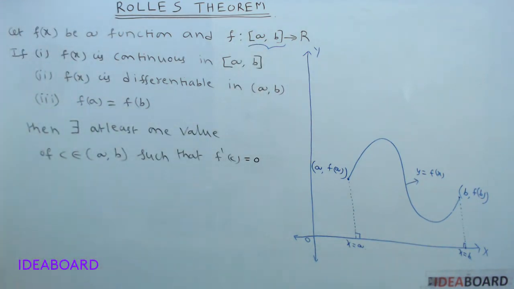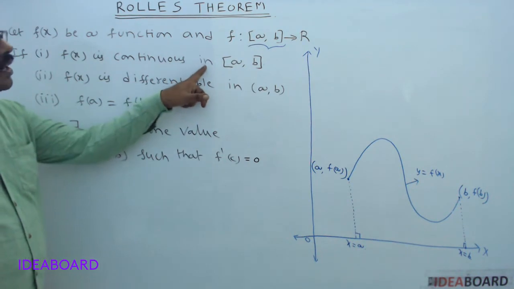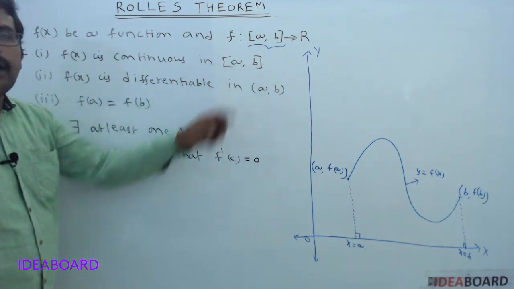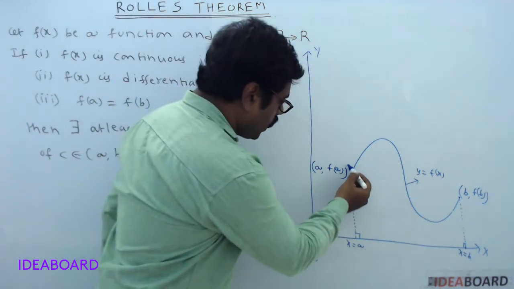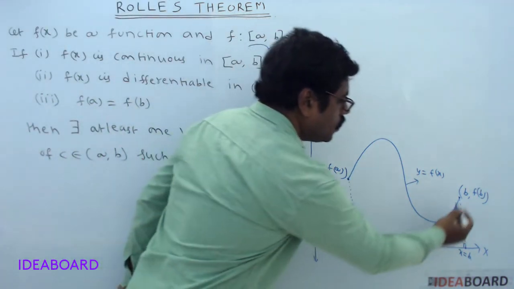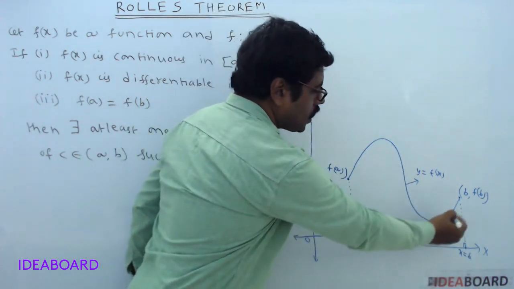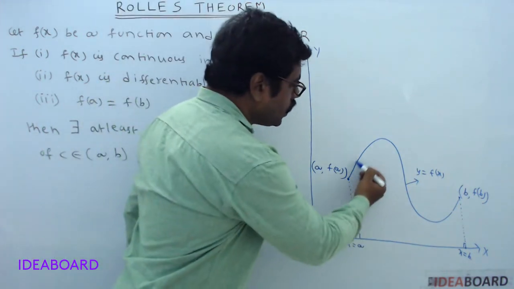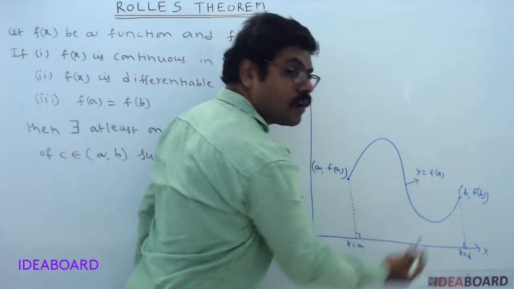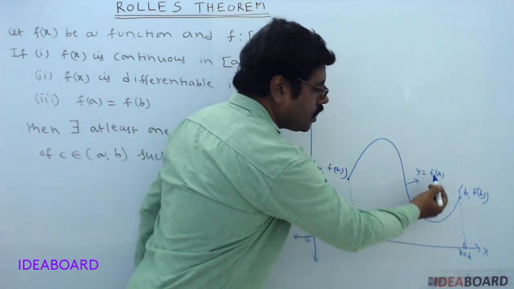Okay. Now come to the first point in our Rolle's theorem. f of x is continuous in the closed interval a comma b. Now from the graph, from the line x equals a to x equals b, there are no gaps in the graph of the function y equals f of x, and also there are no breaks in f of x, or no jumps in the graph of the function f of x.